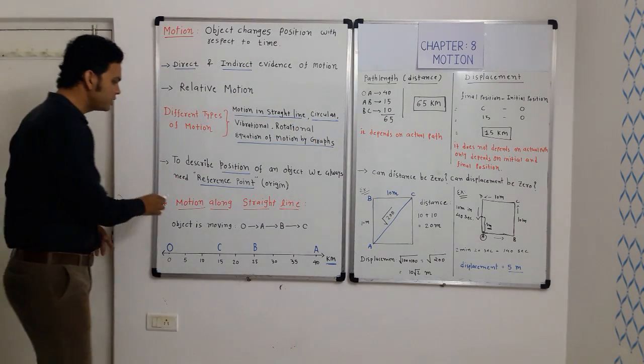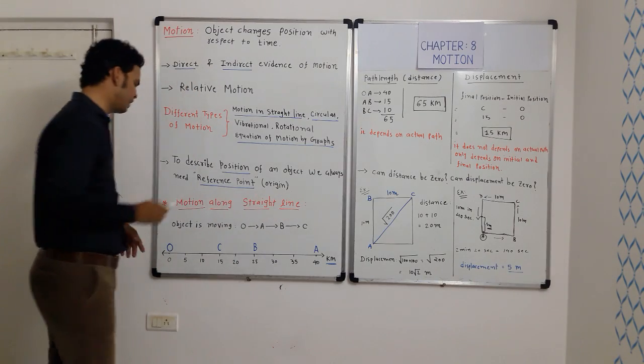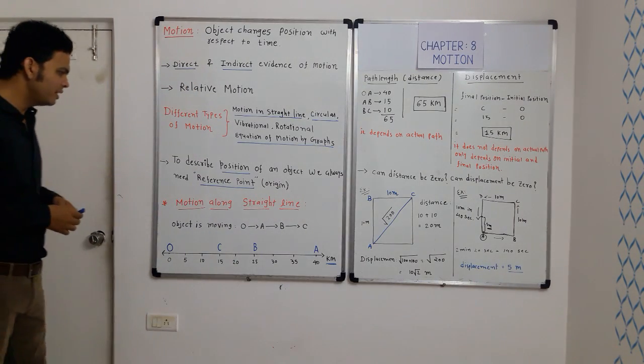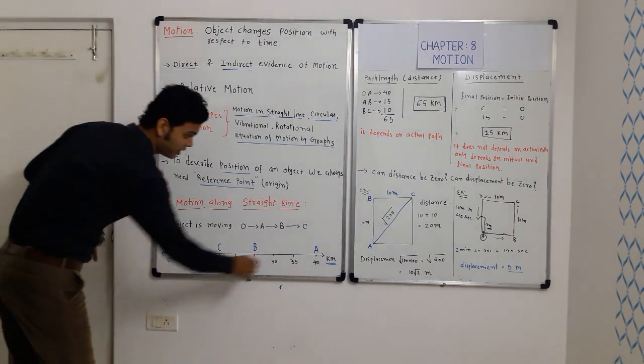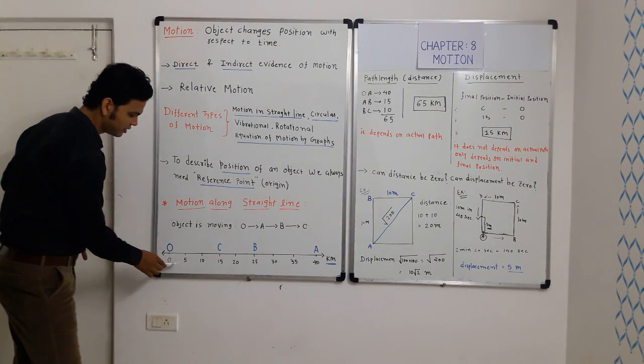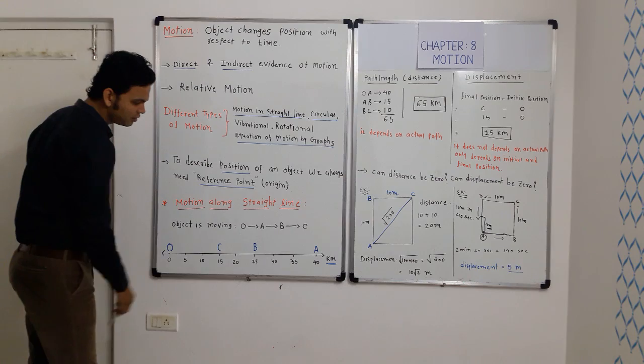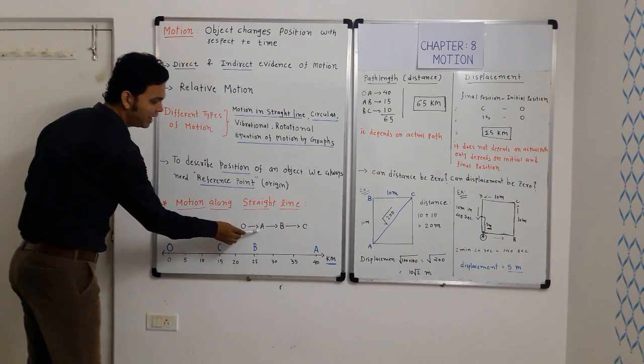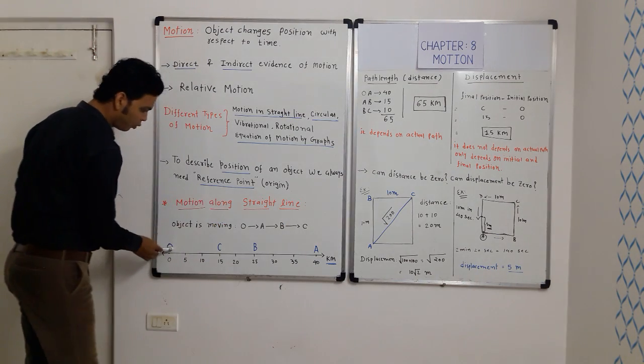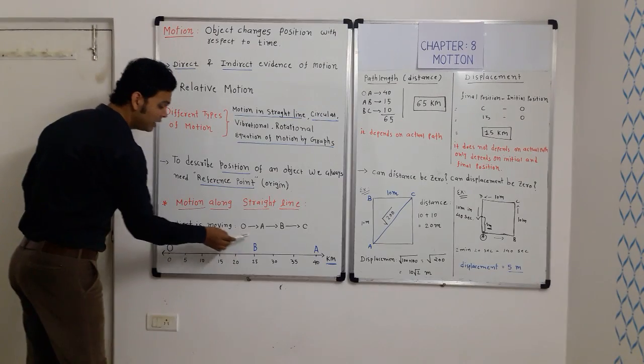So let us start with the motion along a straight line. Here let us take the example of an object on this straight line, where the distances are 5 kilometer, 10 kilometer up to 40 kilometer. So the object is moving from O to A to B to C.